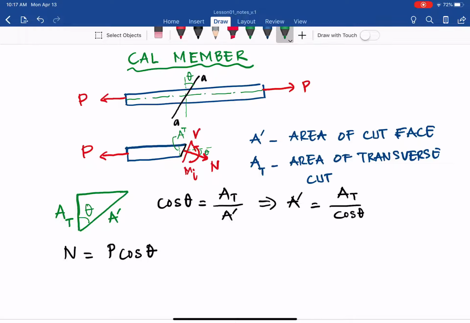Similarly, if we take the sum of all the forces in the y direction, we will have V equal to P sine theta.